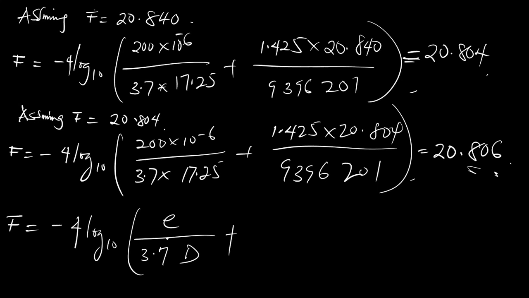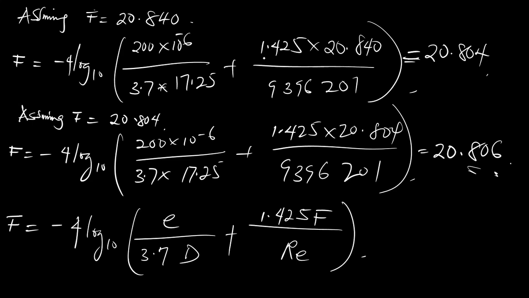E is the roughness, the pipe roughness. So this is it. So we can now compare it to what we have done so far.